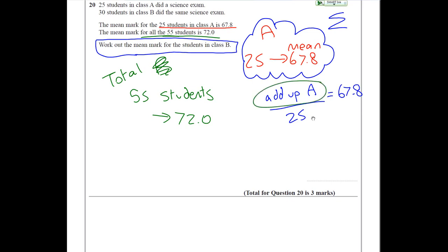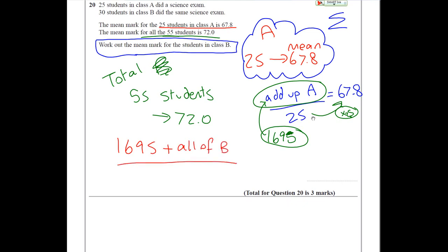If we want to know what they all added up to, we can times by 25. So 67.8 times 25 on your calculator. When you add up A, you get 1695. Now we carry on adding up to add up everyone. So we get 1695 plus all of B added up, divided by 55, because that's how many people there are in total.